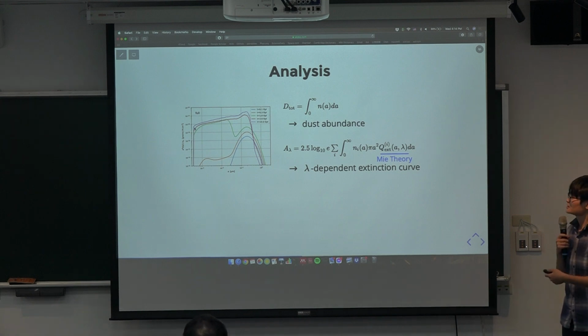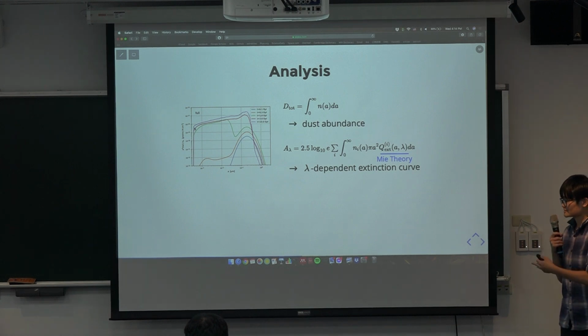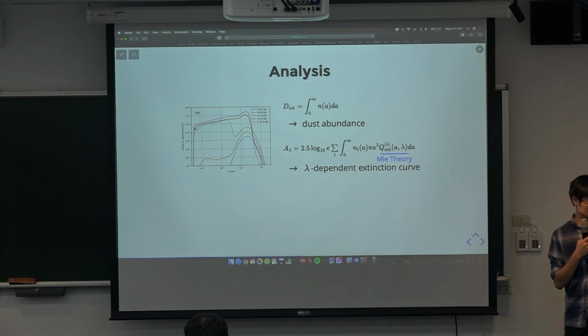This is measurable. And another thing is I calculate the wavelength-dependent extinction curve based on Mie theory, calculating the extinction effect only based on the dust composition and their grain size distribution.